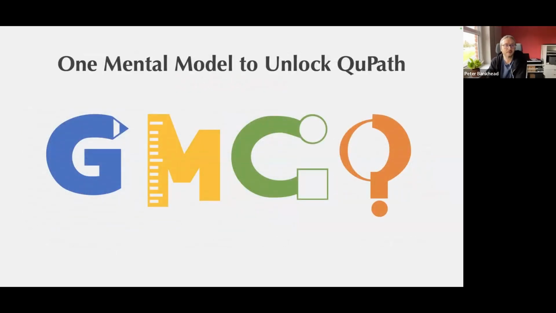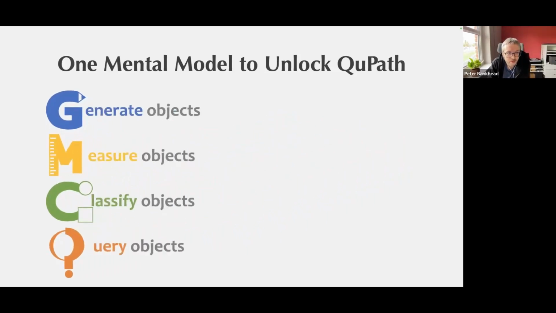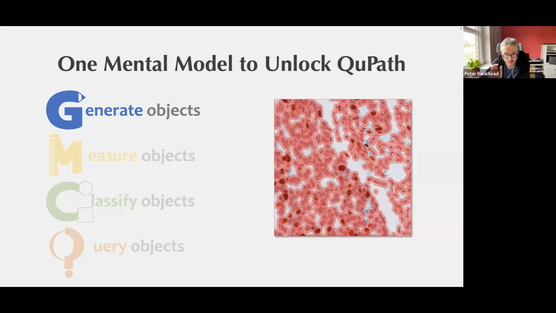And this brings us to the one mental model to unlock QuPath. You can think of any analysis in QuPath in terms of four main steps. You have to generate the objects somehow, you need to measure them, you need to classify them, and you need to query them. From our original image, here I've generated the objects, so each little red contour here.